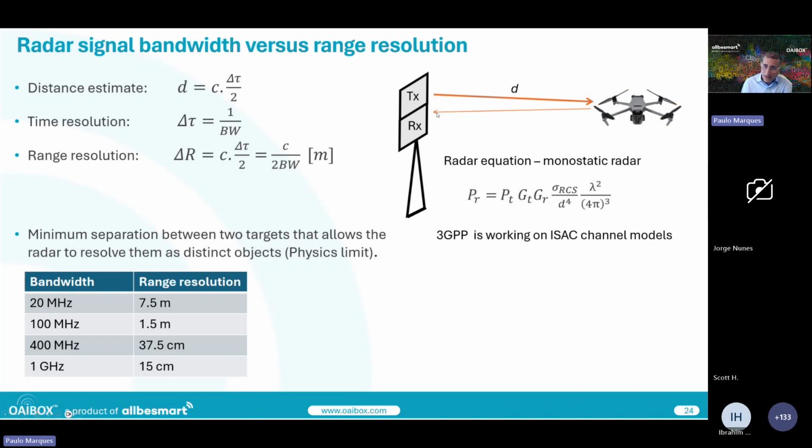So the signal that we get here is very weak compared with the signal in communication, because when you have line of sight in communication, you have the square of D. Here you have D to the fourth power, which means it's quite challenging to receive a very weak signal that gets reflected by the object.